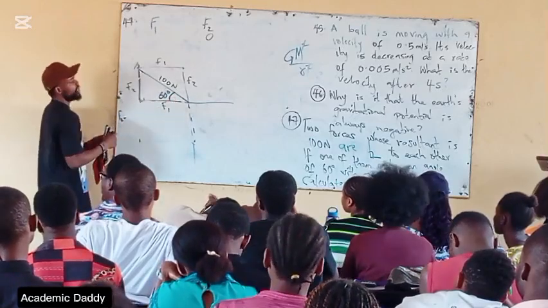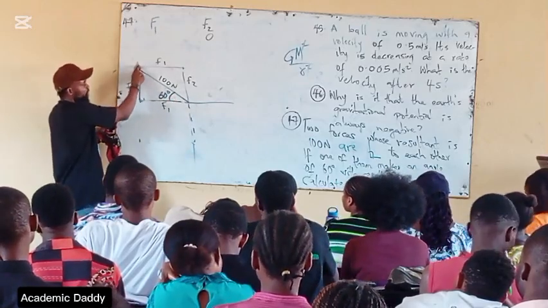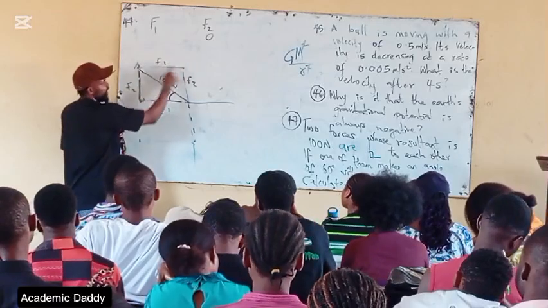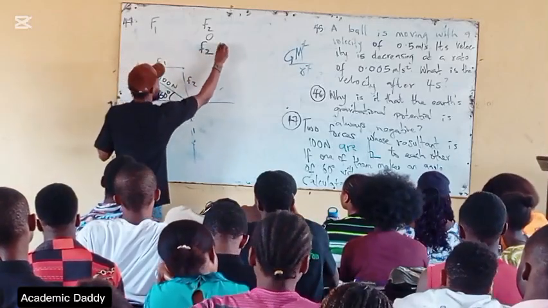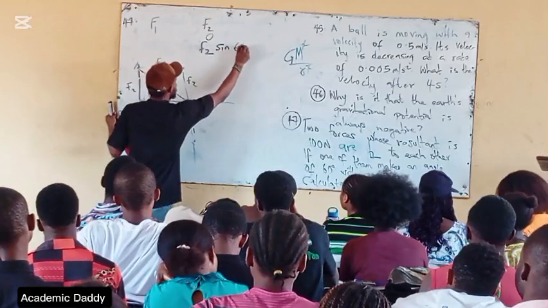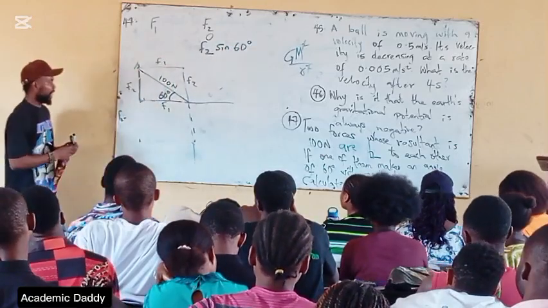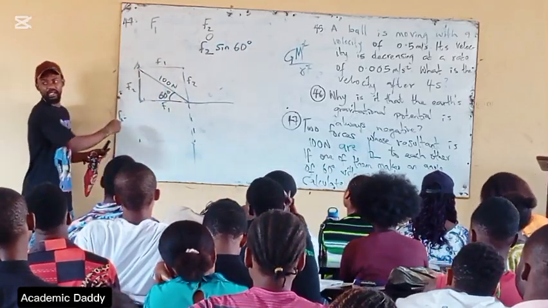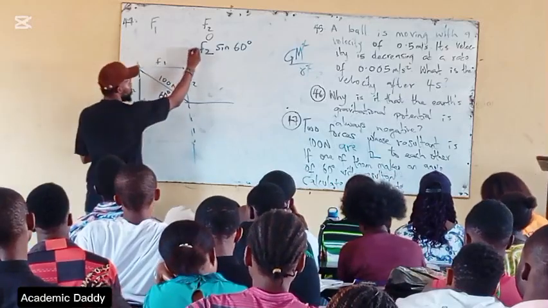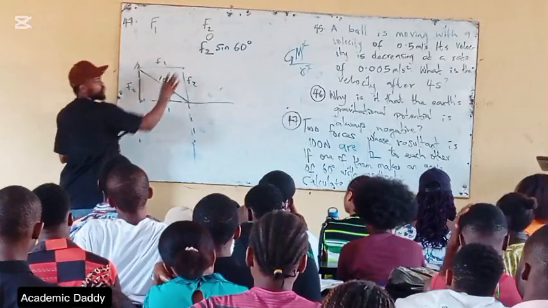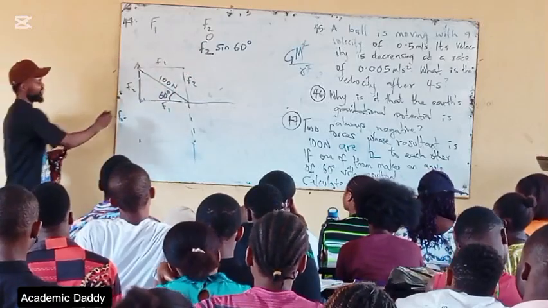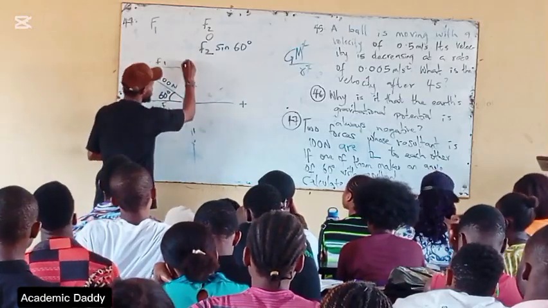So if I'm putting this towards the y, F2 will be F2 sine 60 degrees. Do you still remember? Notice that it's on the negative part of our vector, so I have minus. This is y now, y has no minus, it's x that has minus.